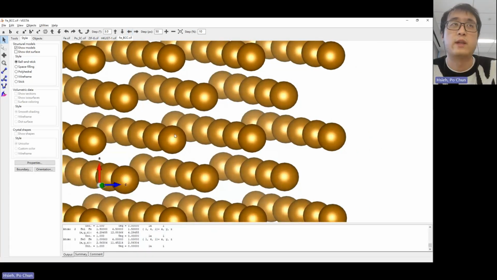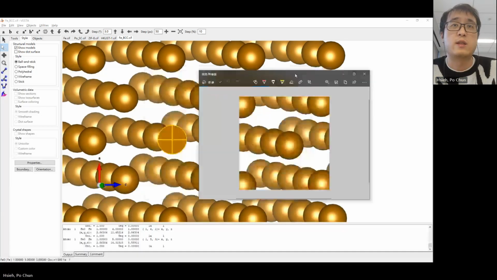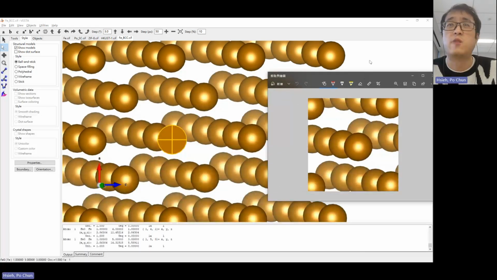I look at this iron now, and you will realize that it is impossible for us to differentiate between them. For this atom and this atom, they are different atoms, right? But now, can you differentiate the difference between them? No, they look totally the same. So that's why we call it equivalent.